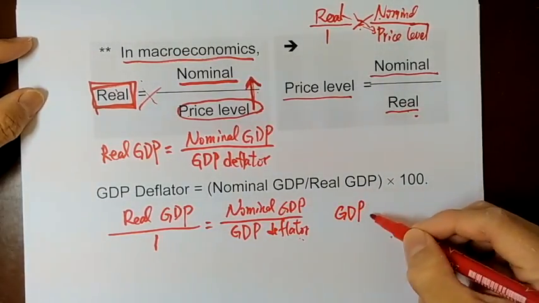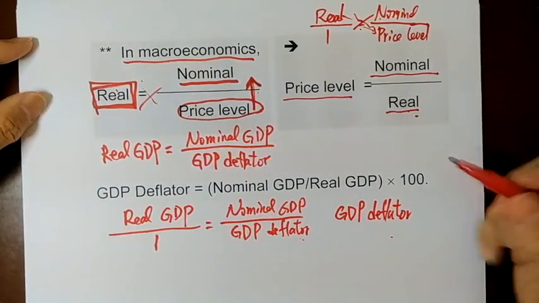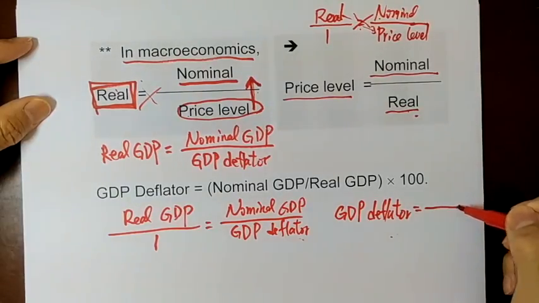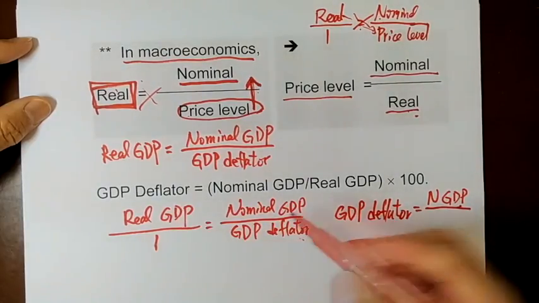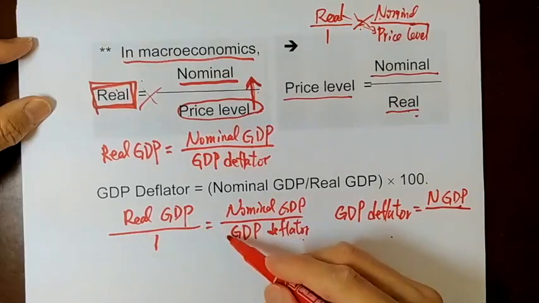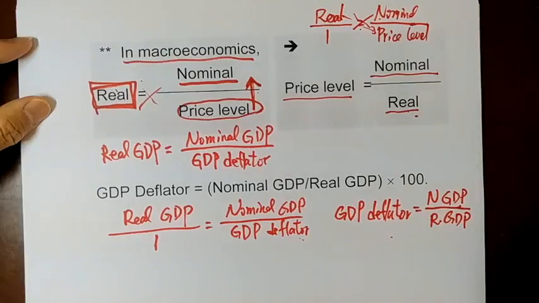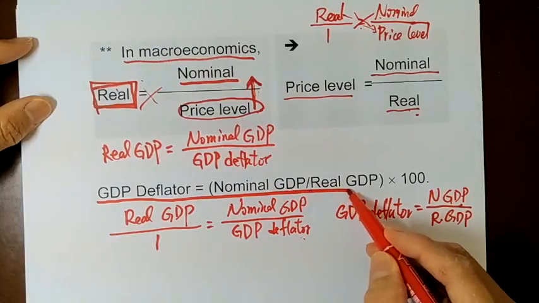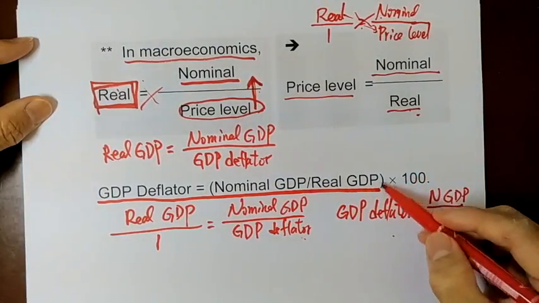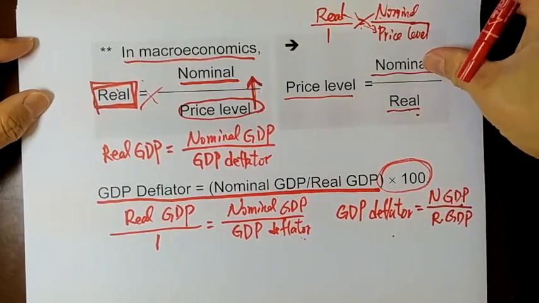Now GDP deflator is equal to nominal GDP divided by, go this way, real GDP. So GDP deflator is defined as nominal GDP divided by real GDP. And we usually multiply it by 100 to make it a 2-digit or 3-digit number. Okay?